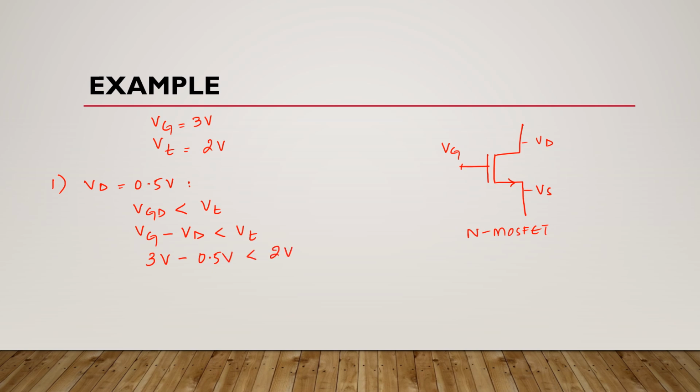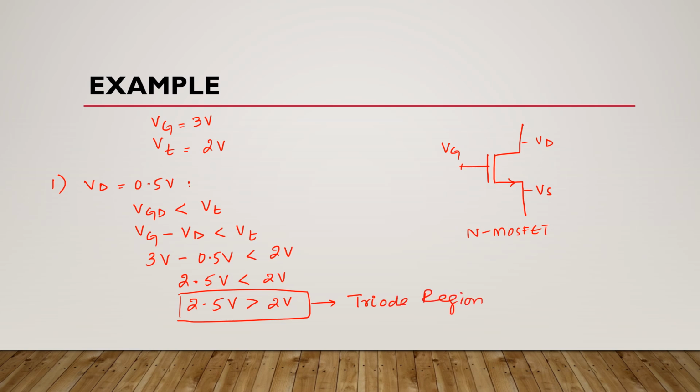It is 2.5 volts, which is not less than 2 volts. This condition of saturation region is not satisfied here, but we know that VGD greater than threshold voltage holds in triode region. It means this transistor is in triode region of operation.